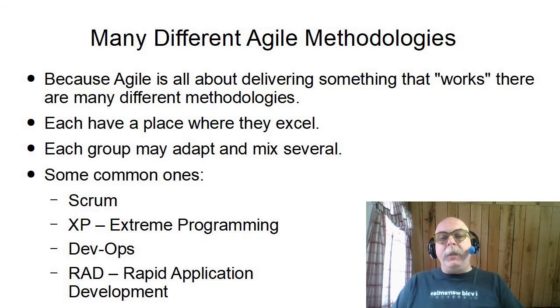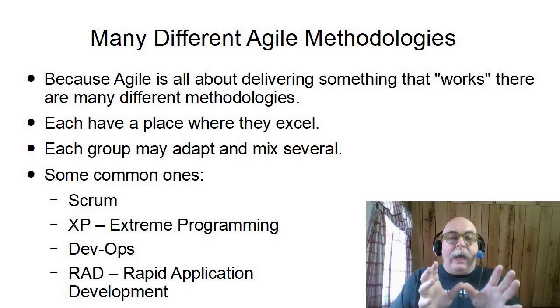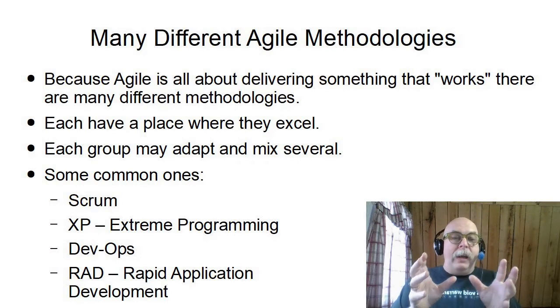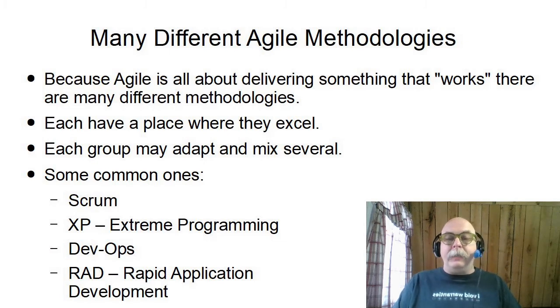Some of the most common agile methodologies are the Scrum methodology, the XP methodology, also known as extreme programming, and a methodology called DevOps that brings development, projects, and operations together into one unified way of thinking about the universe in a software IT environment. There's also an agile methodology known as RAD, or rapid application development.